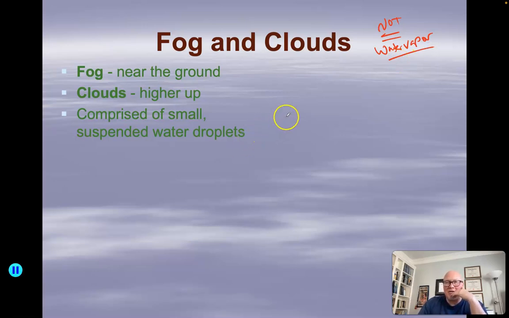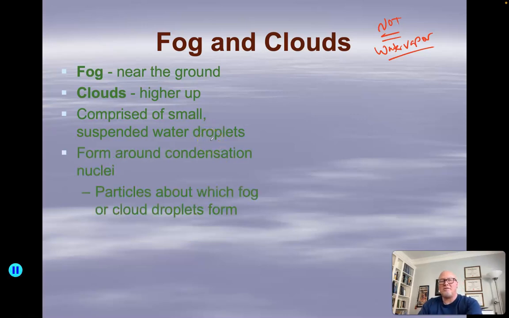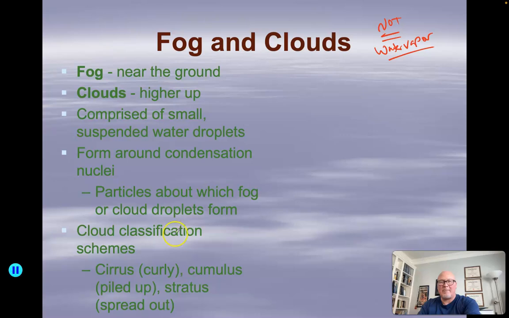They're composed of millions of tiny suspended water droplets. And they form around condensation nuclei, which could simply be dust particles in the atmosphere. So the particles about which fog or cloud droplets form are these condensation nuclei. It could just be, like I said, dust in the atmosphere.